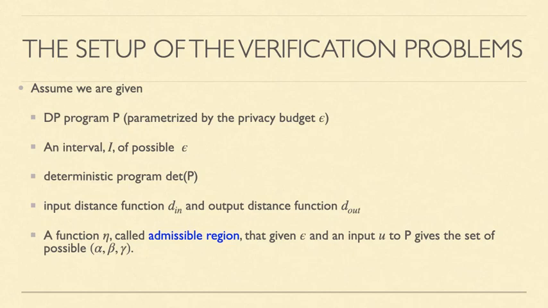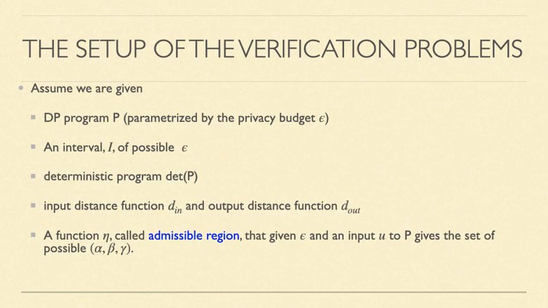We're also given a deterministic program det P, an input distance function d subscript in, and an output distance function d subscript out, and a function eta which we will call admissible region, that basically given the privacy budget epsilon and an input u to P gives the set of possible alpha, beta, and gamma.